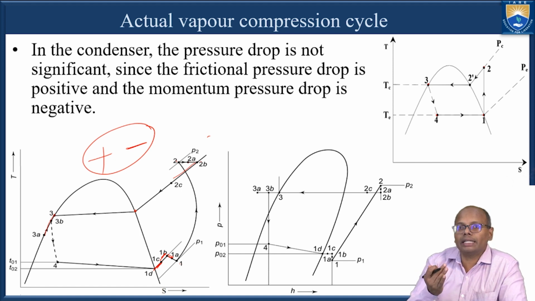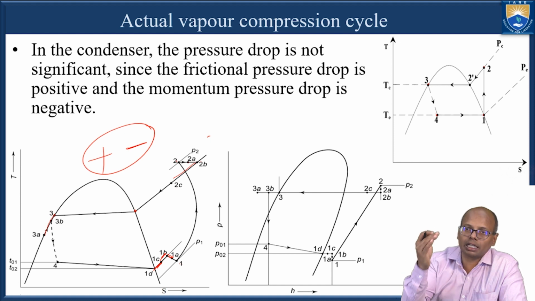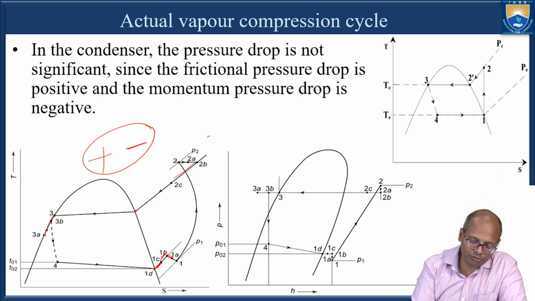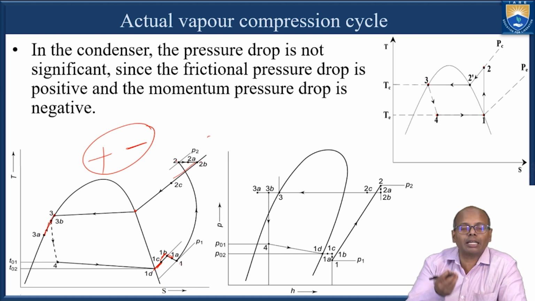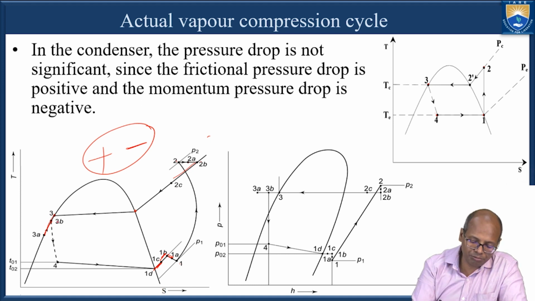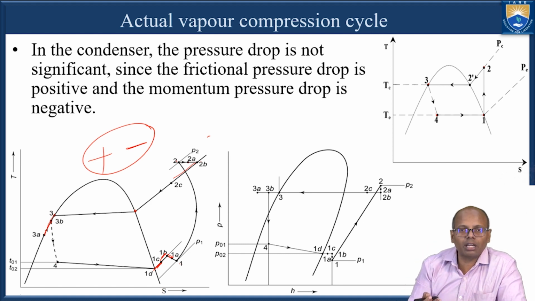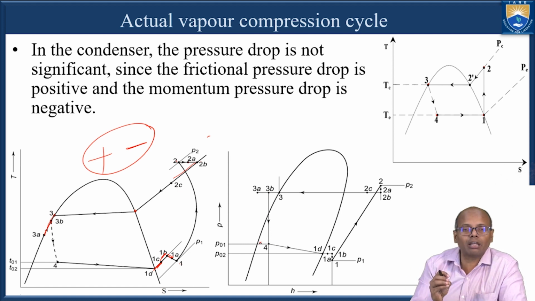Now in the line between the condenser and the expansion valve there is some heat addition to the fluid, so from 3A to 3B there is a temperature rise.